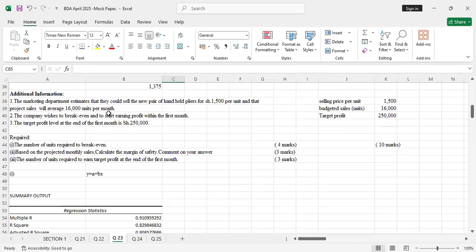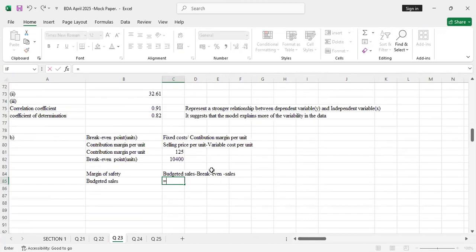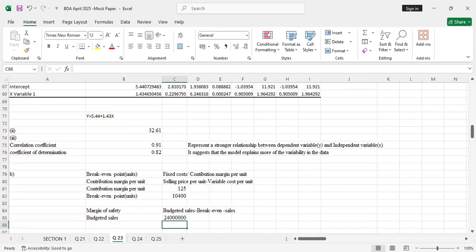So we look at the total sales for that month. We budgeted for 16,000 units per month, and each unit has a selling price of 1,500. So the budgeted sales will be 1,500, the selling price per unit, times 16,000 units, the budgeted sales per month.